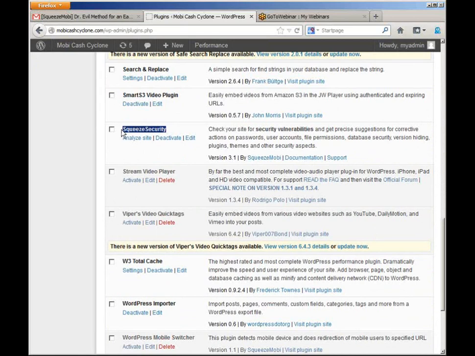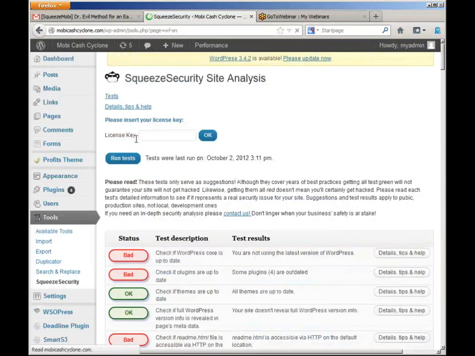So every person who gets this plugin can brand it under their own company, can call it whatever they want to call it, and that's one of the rights that comes with it, you're basically framing it as your own. Now, all we do right here is press Analyze Site.